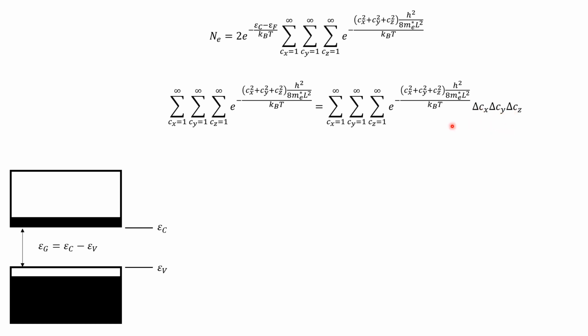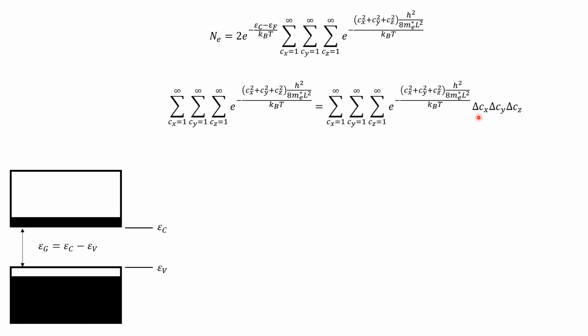And it's typically the case that this function varies very slowly with respect to a unit step. If this function varies very slowly with respect to these steps, that means that these steps can be treated as if they were infinitesimal steps, because essentially an infinitesimal step of a function is a step where the function does not change too much. And that's the case for this function. When you change the numbers from 1 to 2, for example, or from n to n plus 1, then the function does not change significantly.